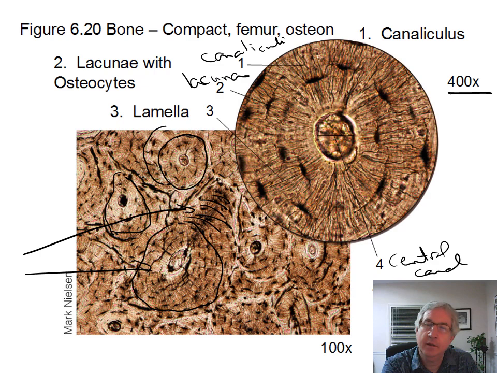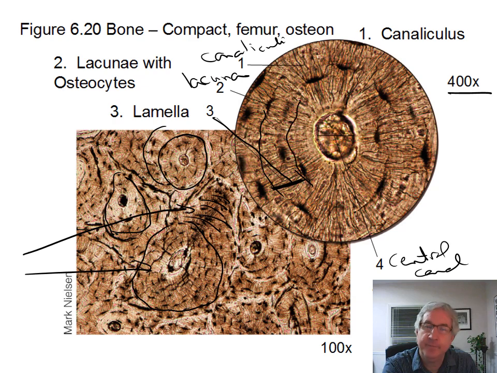And number three, it's hard to see, but there's supposed to be a line across there. That's a little far, sorry. And that's number three, right here. So that would be a lamella going up and around through here.